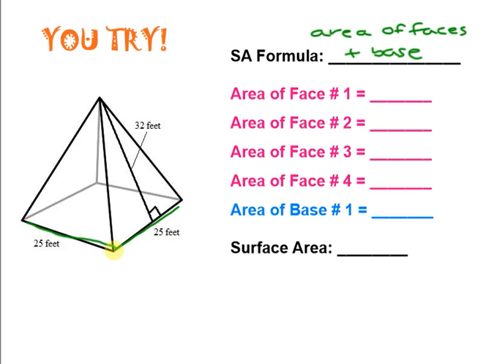It is a square again, so 25 times 25 is 625 feet squared. Now I'm going to go ahead and work on my face here. So I have a base of 25 and a height of 32 times 0.5. So 25 times 32 times 0.5. That's going to be 400 feet squared.